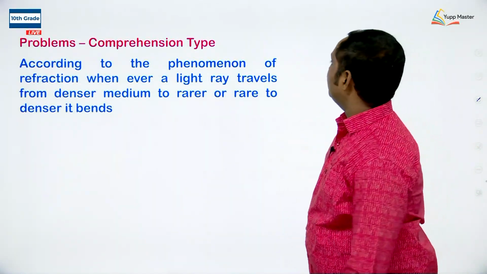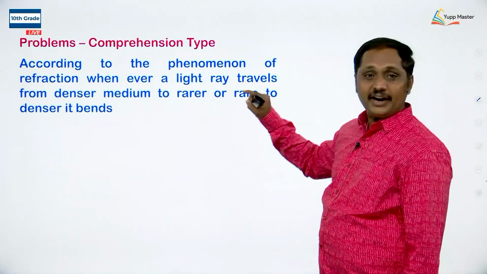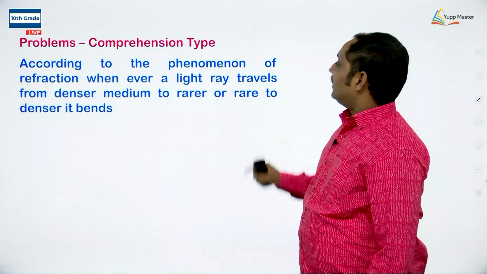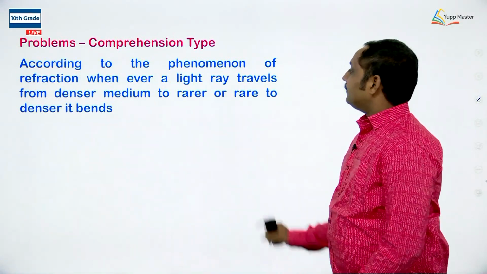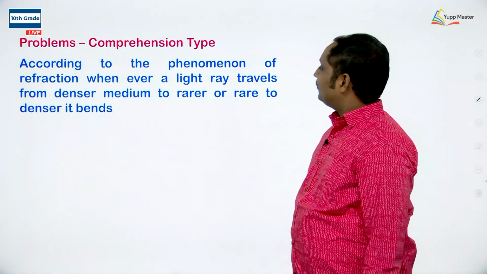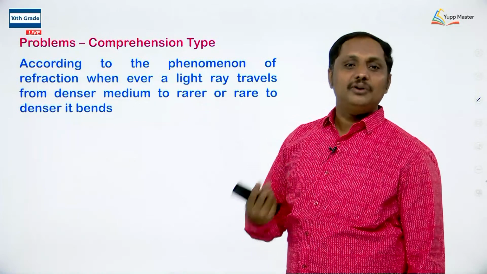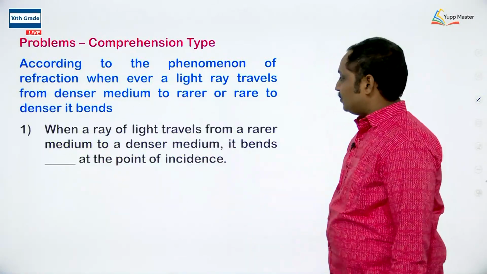According to the phenomenon of refraction, whenever light travels from denser to rarer medium, you are going to identify the bending: towards the normal or away from the normal. Please take the question.